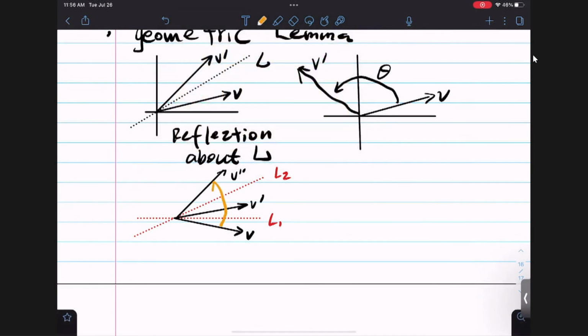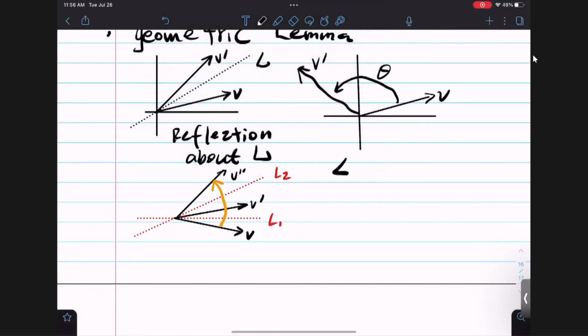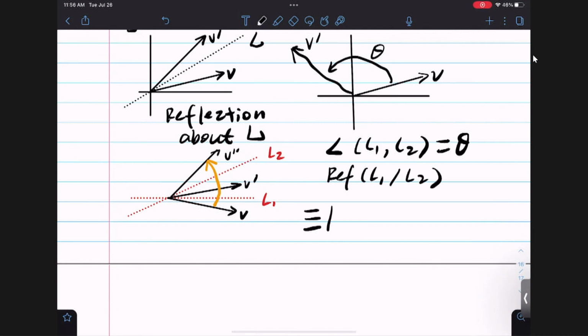Twice the angle between L1 and L2, exactly. If I call the angle between L1 and L2 theta, then a reflection about L1 and then L2 is equivalent to rotating counterclockwise by 2 theta.